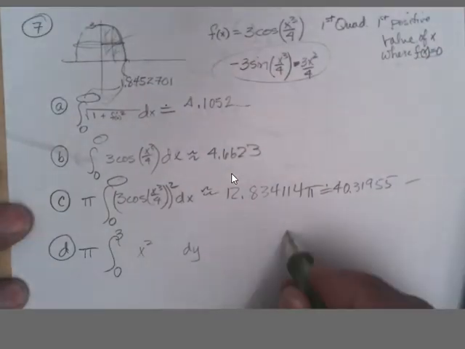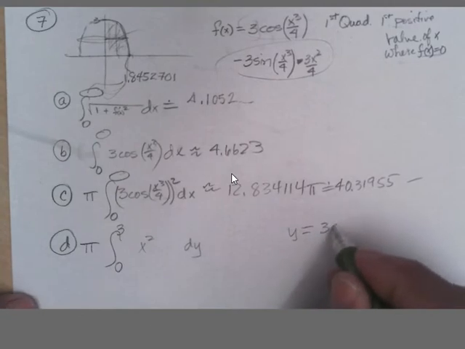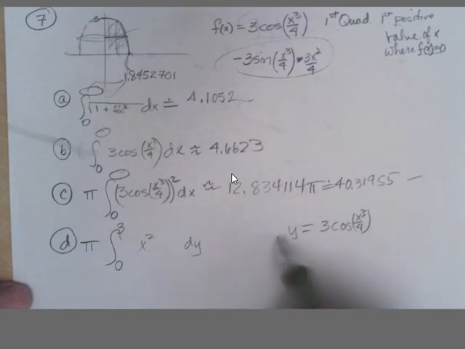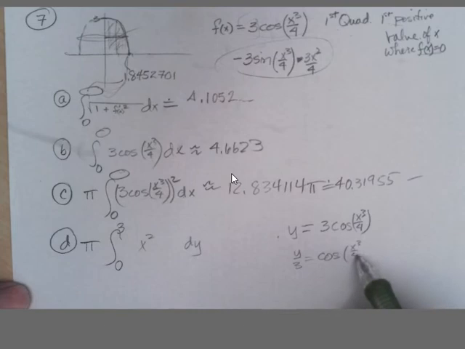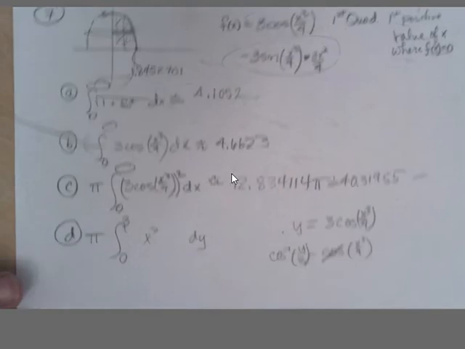So if y equals 3 cosine of x to the third over 4, I divide by 3. Take the inverse of cosine, which is arc cosine, or cosine inverse of this. Gets rid of that.